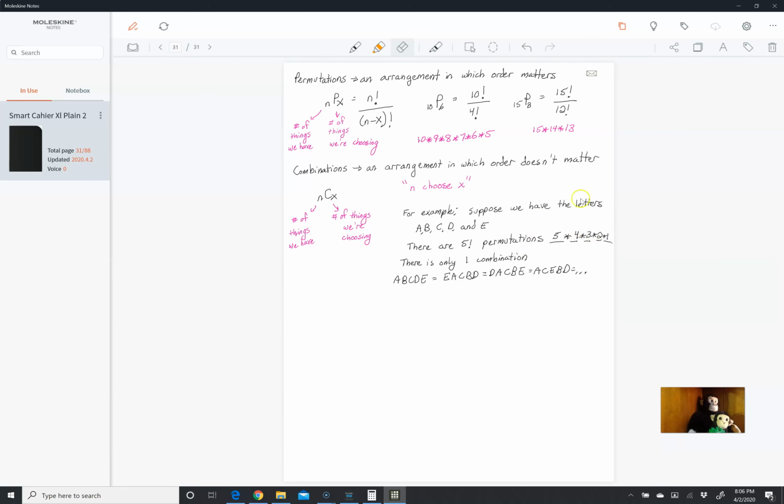All 5 factorial permutations are the same combination.